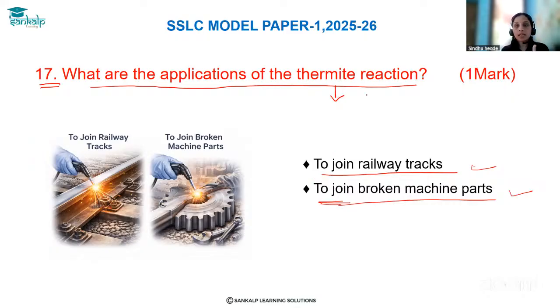Generally this reaction is used to join railway tracks and broken machine parts because the thermite reaction releases a huge amount of heat. That heat helps to produce the metal in a molten state, and that helps with joining these gaps. Okay, so this is the application of the thermite reaction. Thank you.